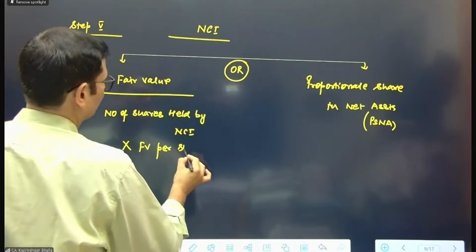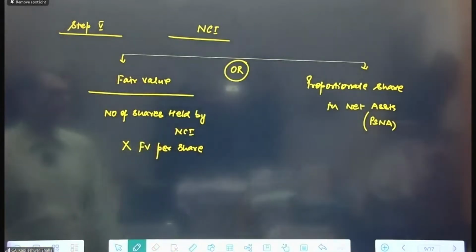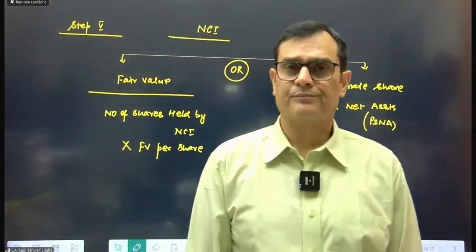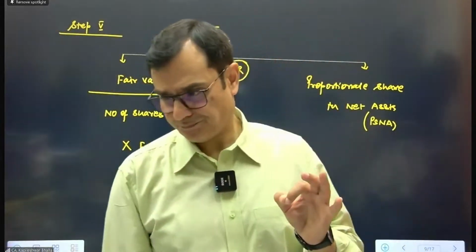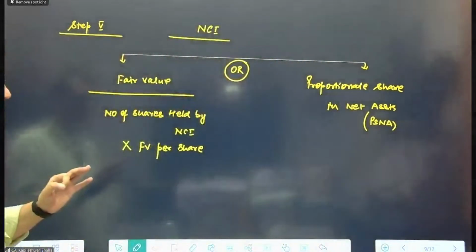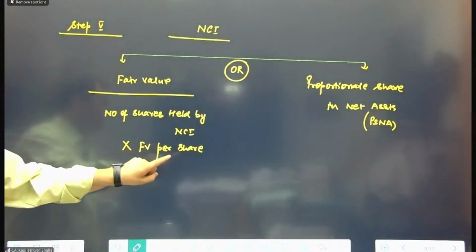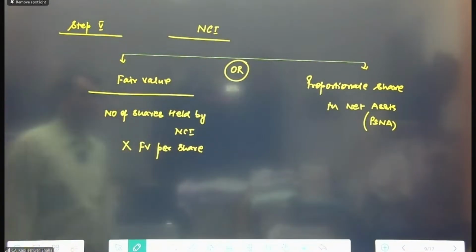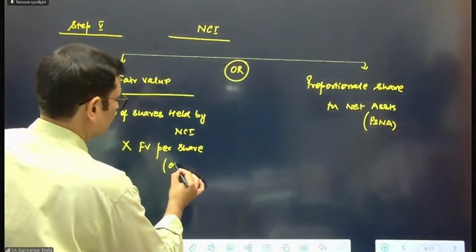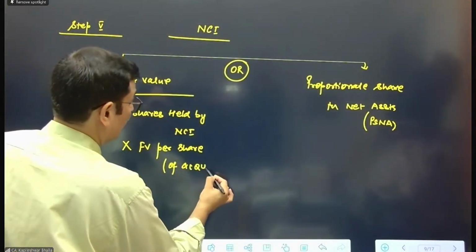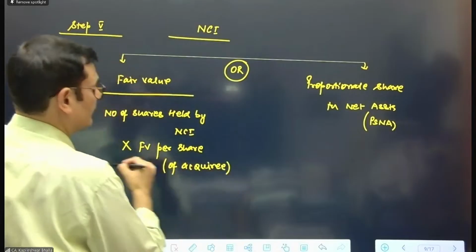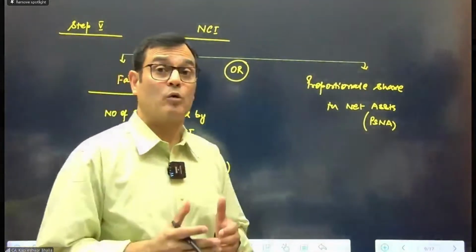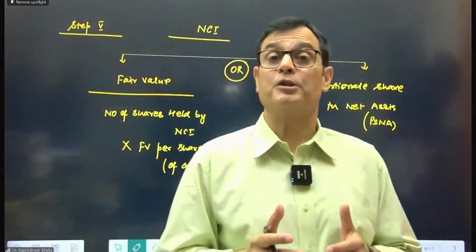By the way, just for clarity of thoughts, is this the fair value per share of the acquirer or the acquiree? Acquiree, because you're looking at the number of shares held by NCI in the acquiree, into the fair value per share of the acquiree.